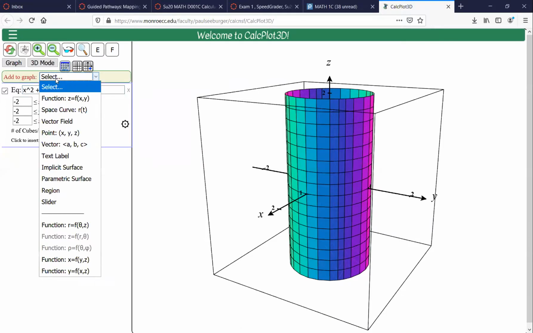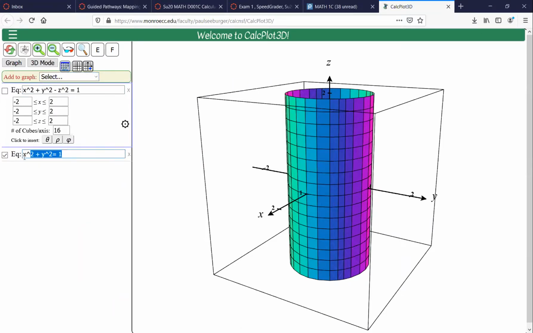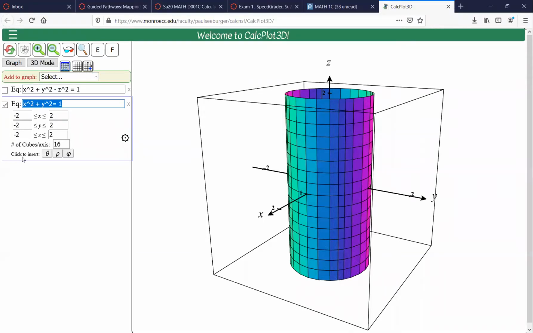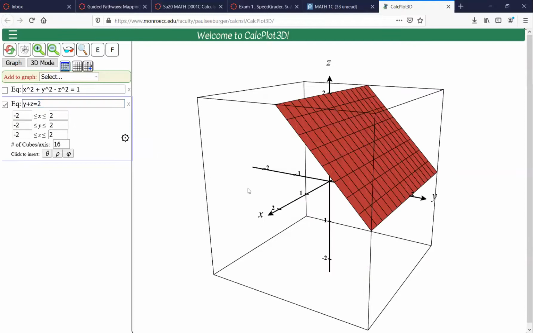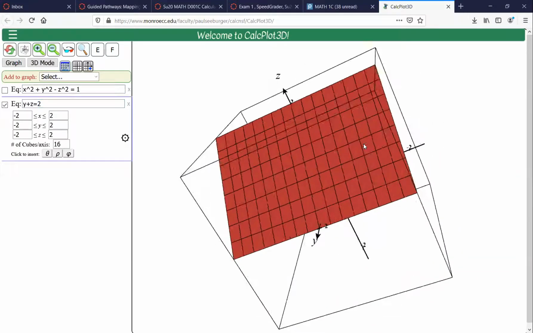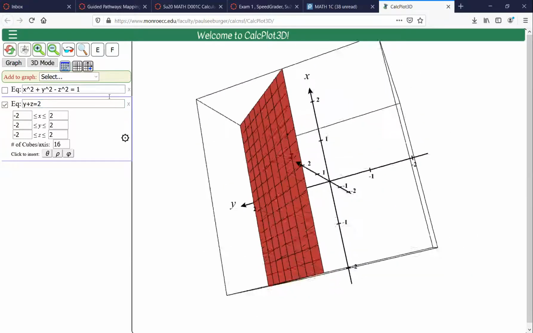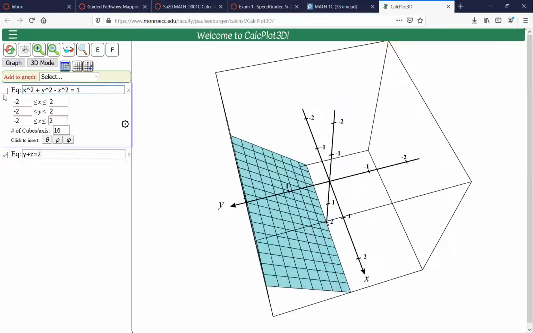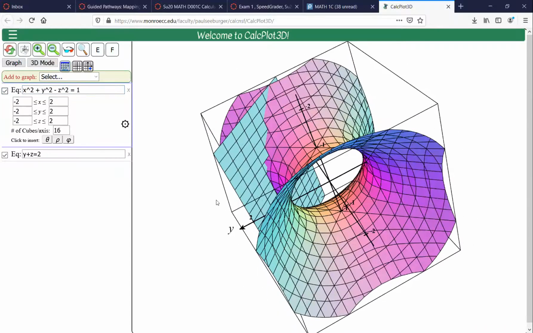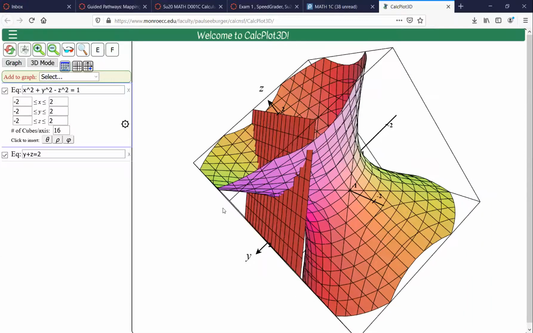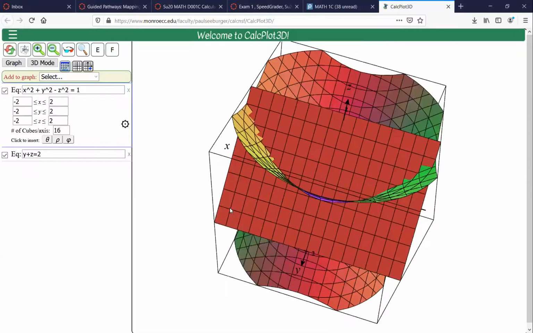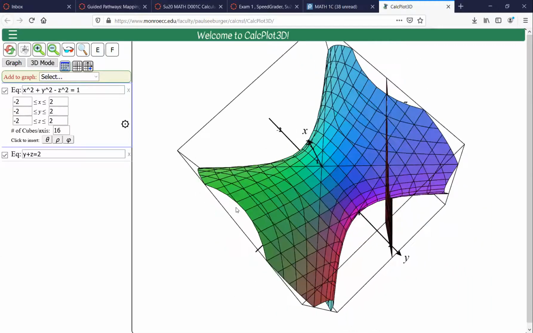And let me add another implicit surface for you. This is y plus z equals 2. And here you have your plane. So this is the intersection between these two.